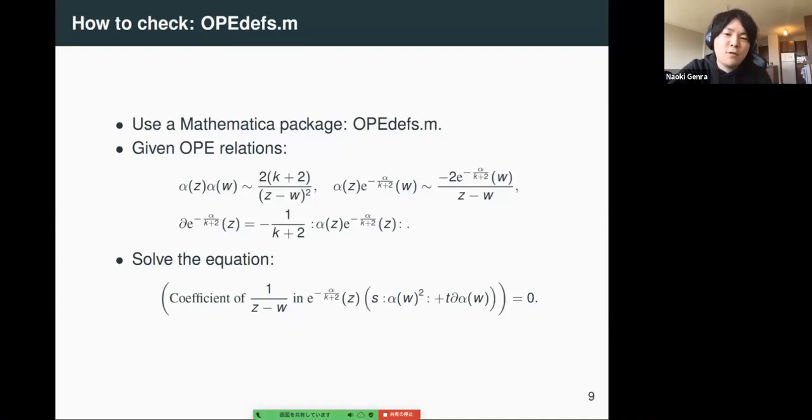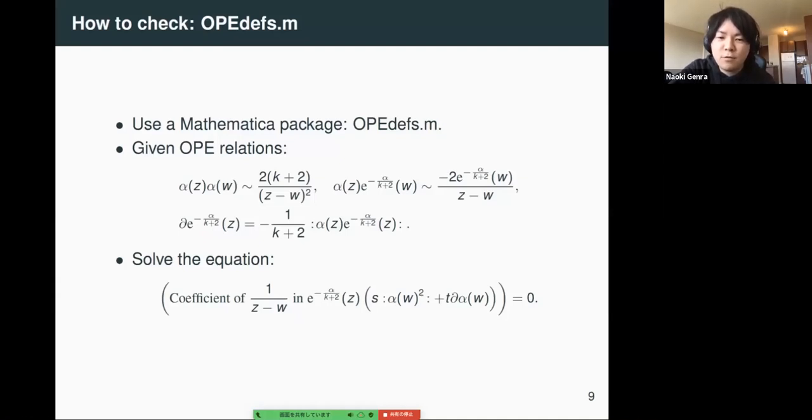So we want to know the kernel of this exponential, but we only need the coefficient of 1 over z minus w in the OPE of the exponential of minus alpha over k plus 2 at z, in some linear equation. This is the only candidate that happens in conformal weight 2.